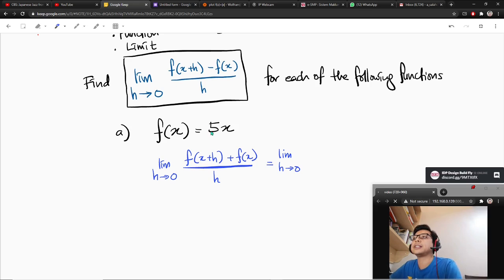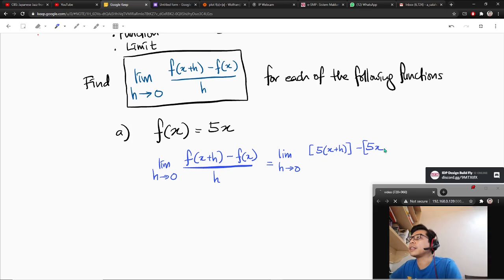My function is 5x, so the first term is f(x + h). Oh sorry, it's a minus here. Minus f(x), given here as 5x.